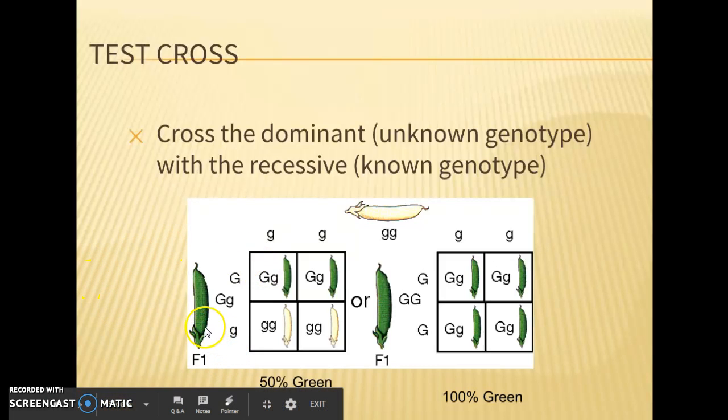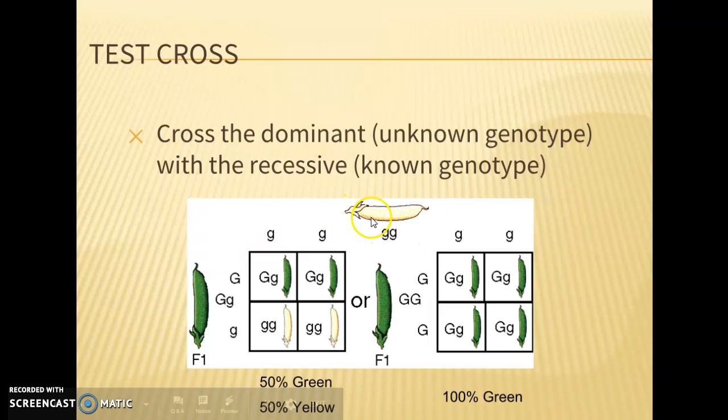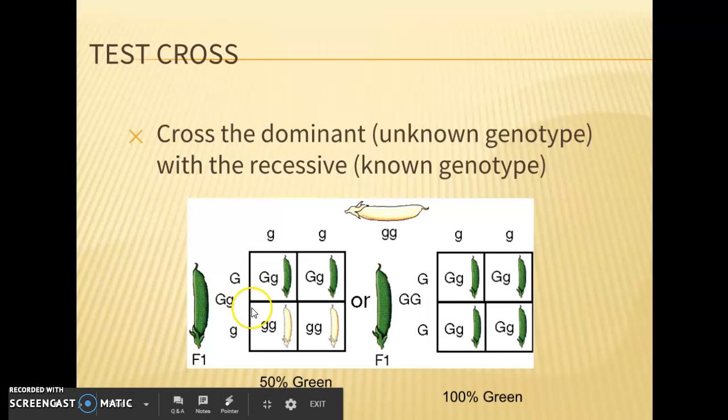In this case, they have green pea pods versus the little recessive g's here for yellow, and we cross it with a known genotype. Remember, in order to be a yellow pea pod in this scenario, you have to carry both recessive. So we know that's what it is. As far as the green ones here, it could be heterozygous or it could be homozygous dominant.